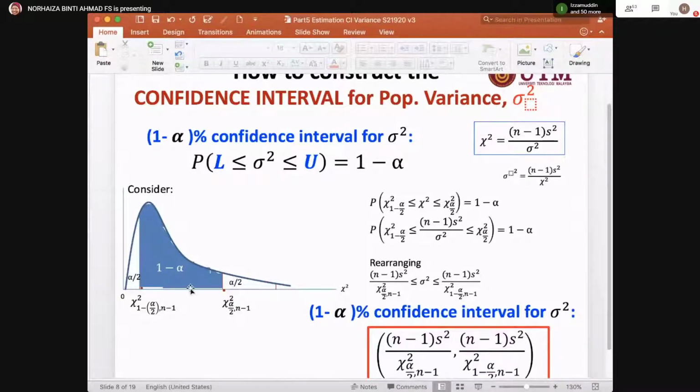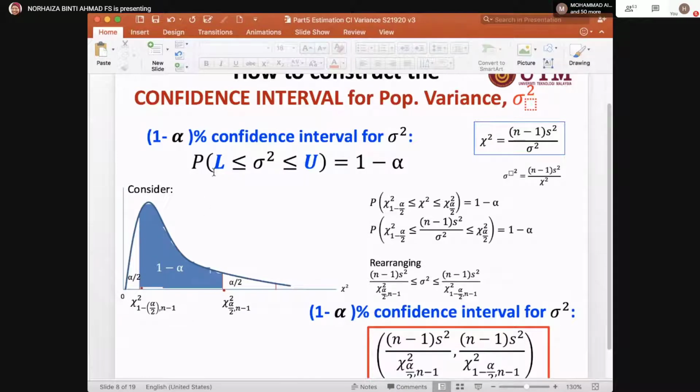And the point here is going to be chi-squared 1 minus alpha over 2, n minus 1. This is not going to be minus chi-squared alpha over 2. Well, strictly speaking, in theory it is minus, but since we don't have a negative value, we have this point here as 1 minus alpha over 2, n minus 1.